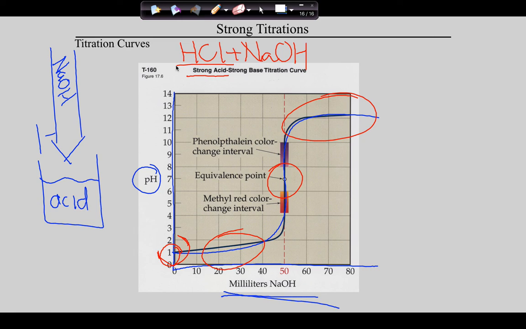Consequently, to find out the pH is just the negative log of the molarity of whatever the acid is. So if you want to write that in, pH is then equal to the negative log of the molarity of whatever the strong acid is.